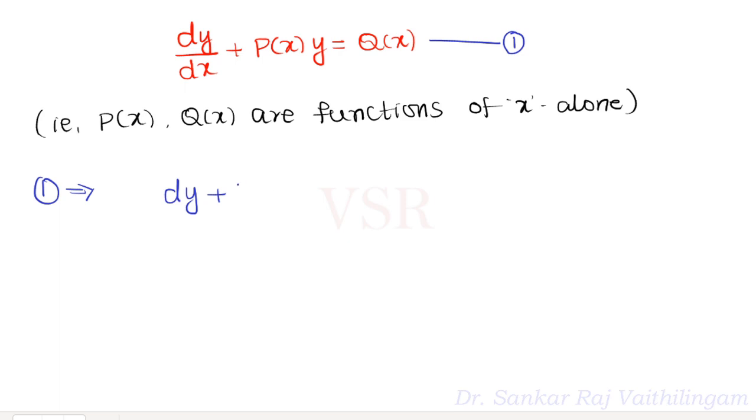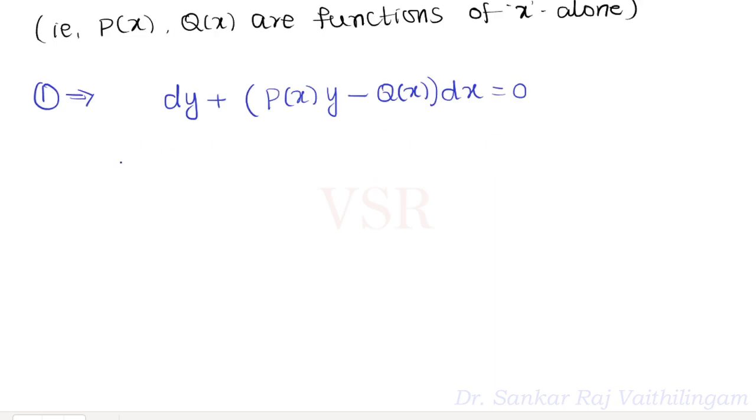I will write this as p of x into y minus q of x into dx, which is equal to 0. Let me write it neatly: p of x into y minus q of x into dx plus dy is equal to 0.